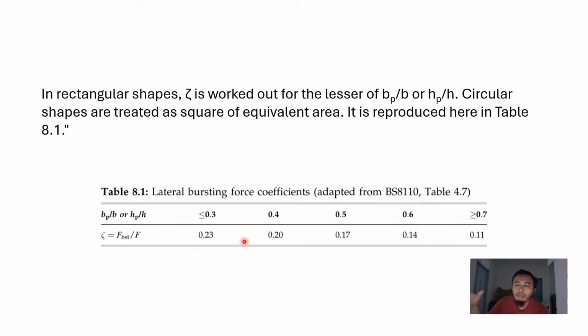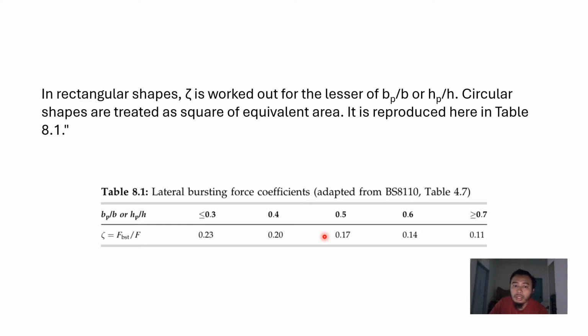If your plate becomes smaller, your BP is smaller, divided by a larger B. For example, your BP is 100, your B is 200, so the ratio is 0.5. You get a contribution of 0.17, 17%. So 17% of the vertical force is transformed into bursting force.